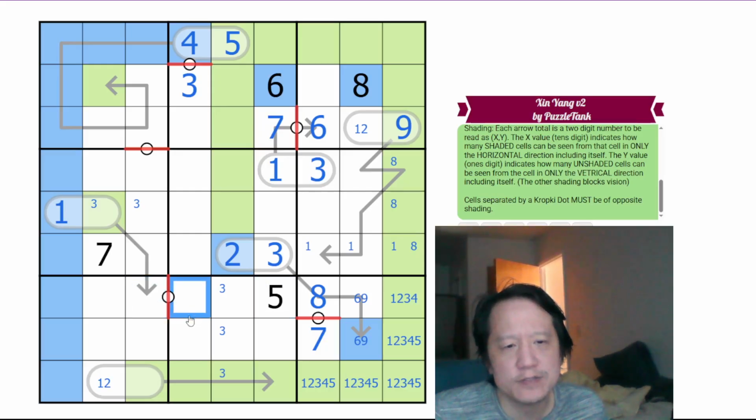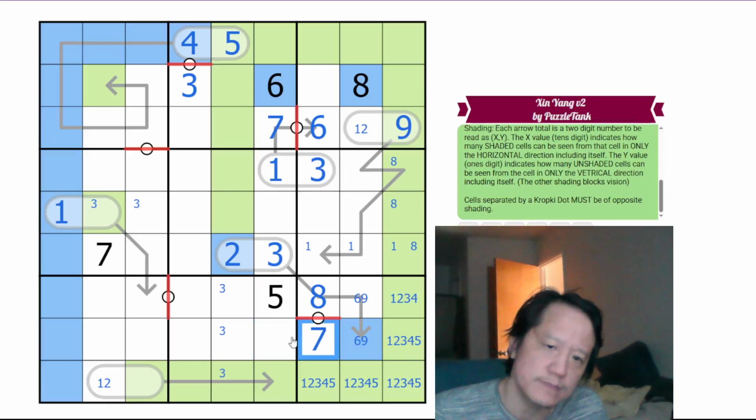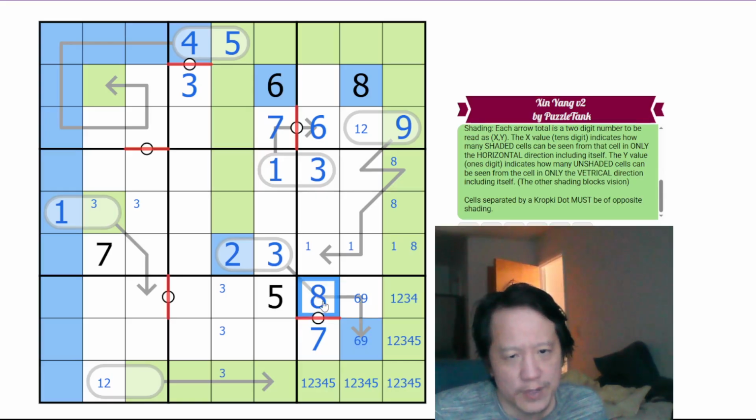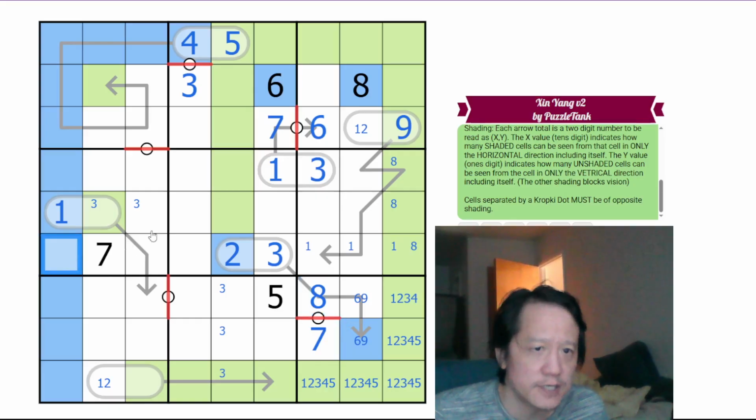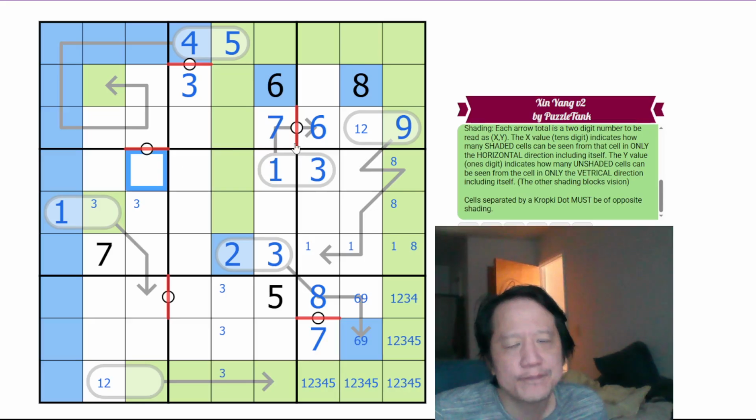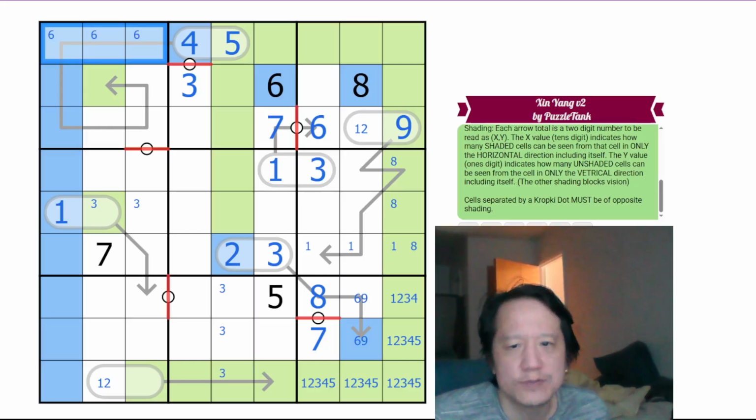These are different shadings. If this is green, this has to be blue and blue. If this is blue, that must be green. That doesn't help us much. 6 in row 1 cannot be here because of 6 in the box, so 6 has to be one of those 3.